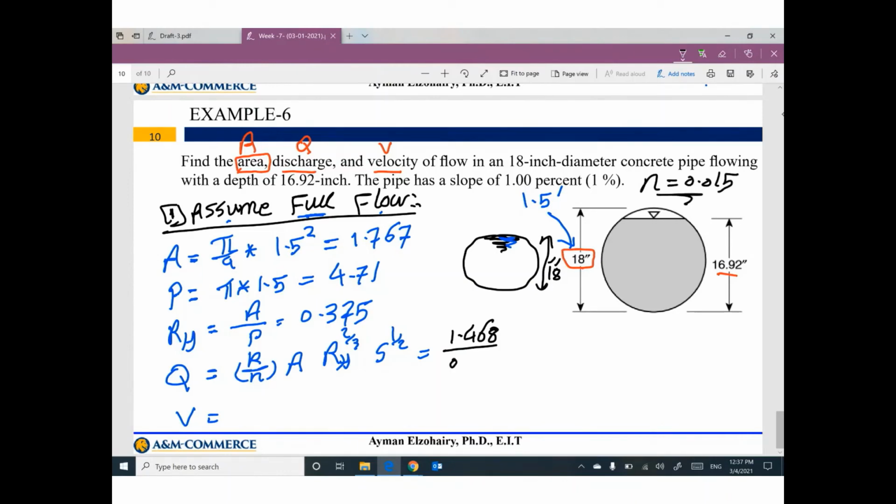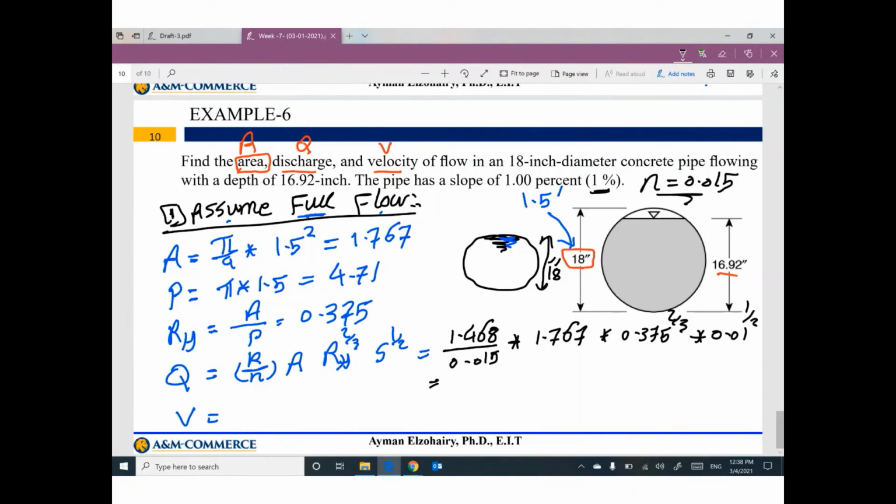So 0.015. The area of this pipe is 1.767. The hydraulic radius 0.375 to the power 2/3. Slope is given as 1%, so 0.01 to the power 1/2.